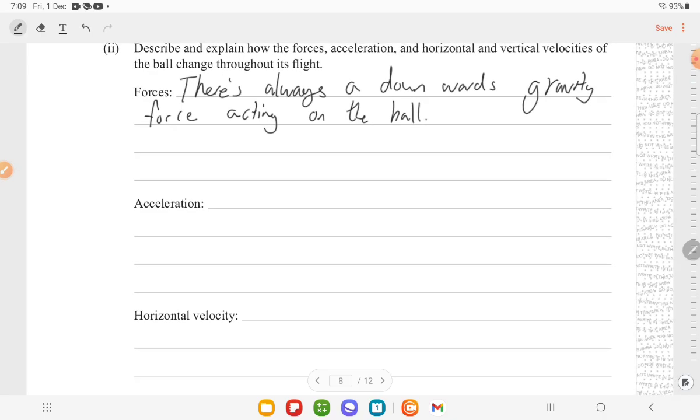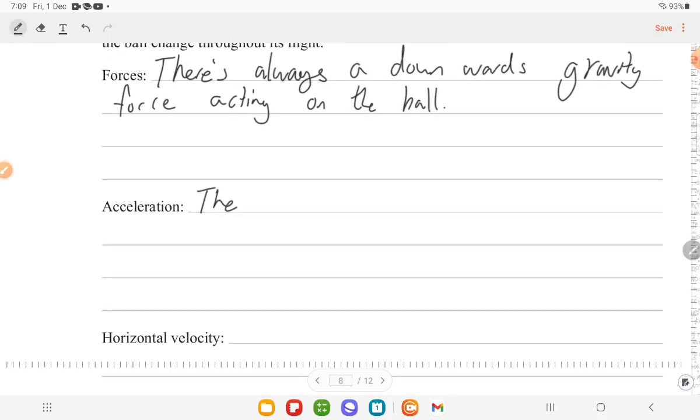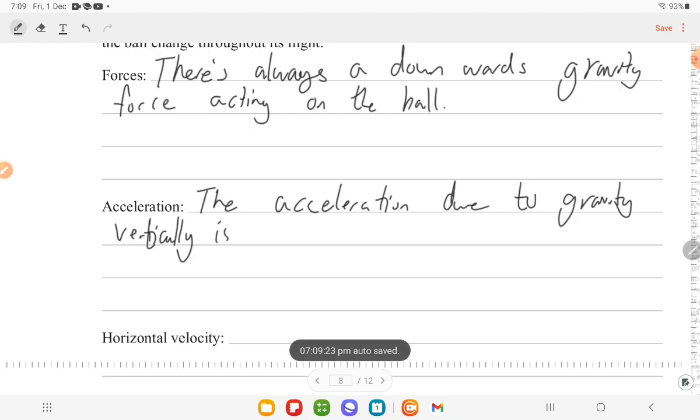And okay, acceleration. The acceleration due to gravity vertically is 9.8 meters per second squared downwards.